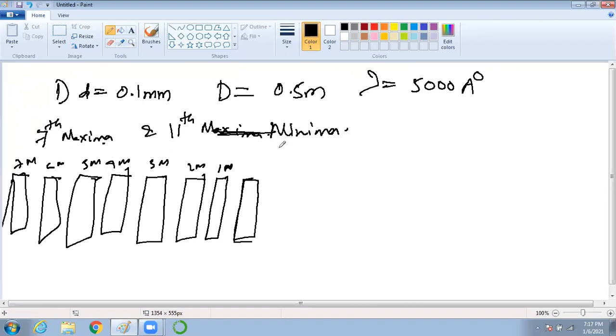And it's talking about the 11th minima. So now this is first minima, second minima, third minima, fourth minima, fifth minima. So I have to take that side.